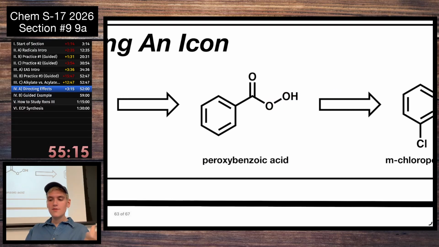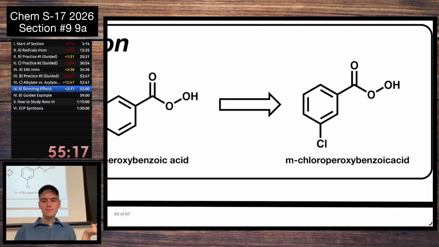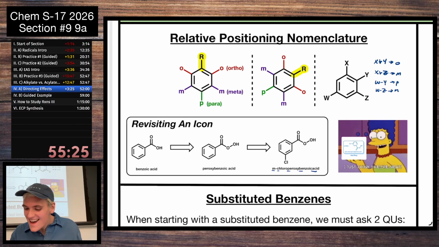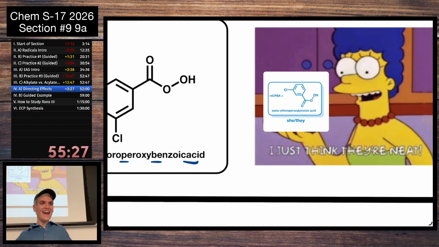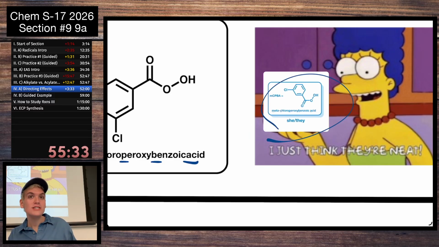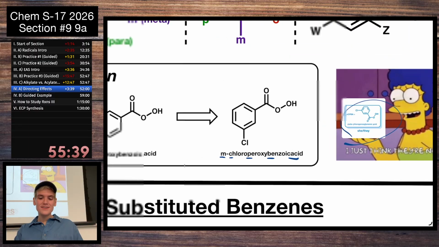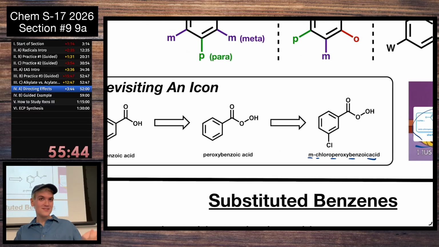And then if you add a chlorine meta to it, it's metachloroperoxybenzoic acid, MCPBA. An icon. Her one-step fierce: what does she make from an alkene? She turns an alkene into an epoxide. She's fierce. I like her. And now you can understand her name.